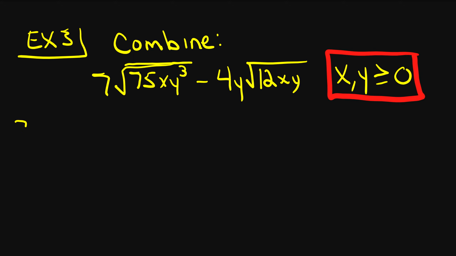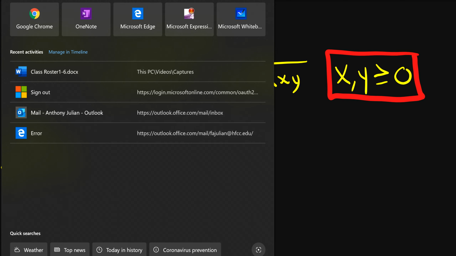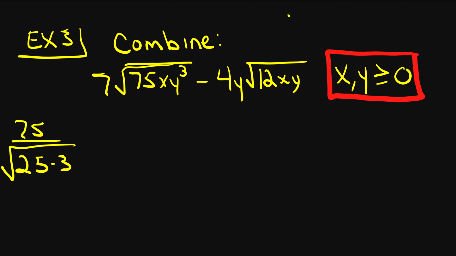So I'm going to have 75, and when I break this down, it's going to be 25 times 3. Then I can say, what's the square root of 25 times 3? Well, the square root of 25 is 5.